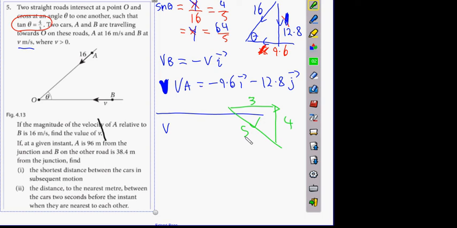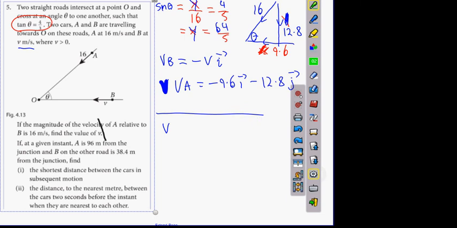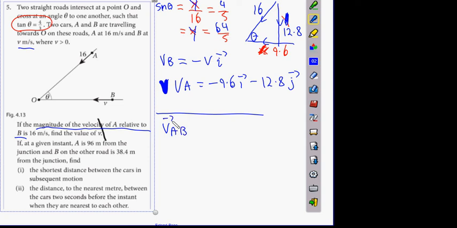So in this question here, we've got to find out what the magnitude is. The key words are the magnitude of the velocity of A relative to B. That language tells me I need to use phi b to get any marks on the board.